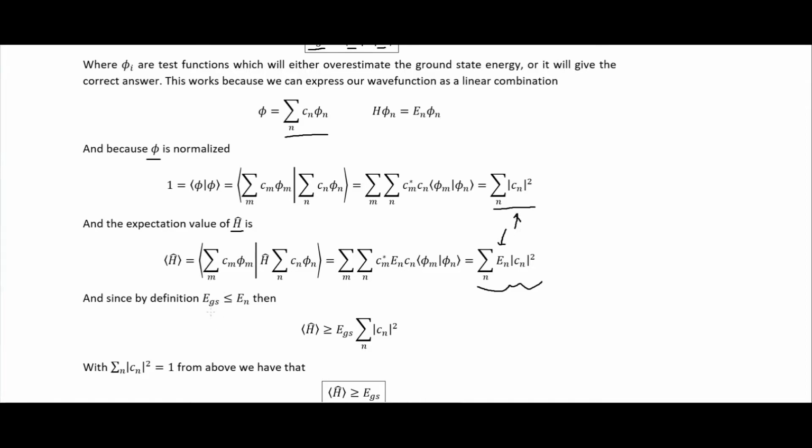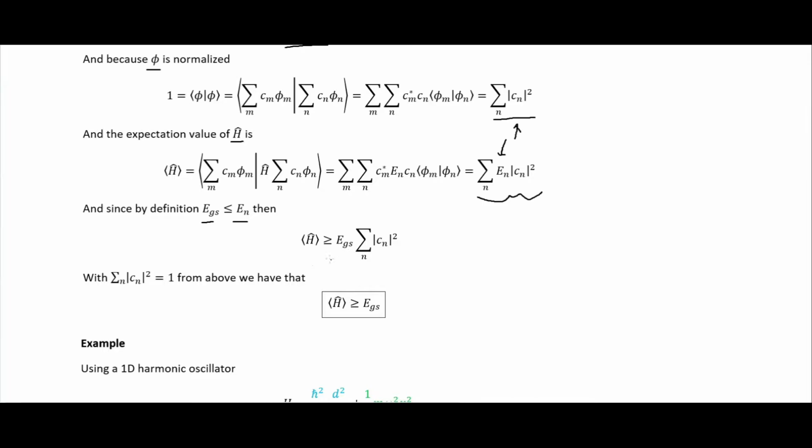Since by definition the energy of the ground state is lower than or equal to any of these other energies, we then have this right here. Because this up here is equal to 1, we have that the expectation value of our Hamiltonian is greater than or equal to the energy of the ground state.